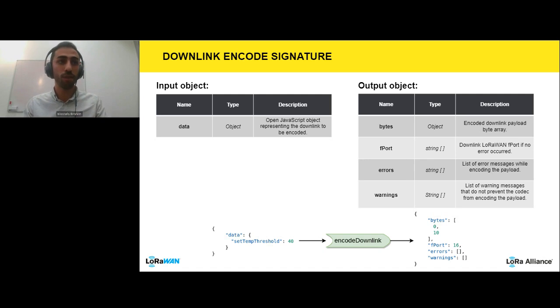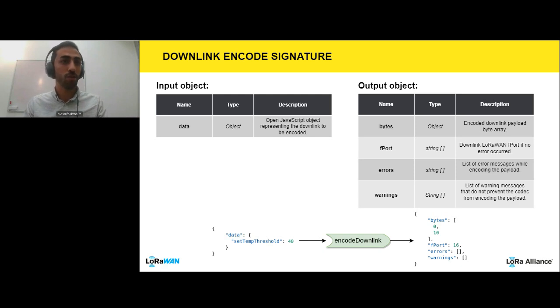As we have already mentioned in the decode uplink, if the decoder for some reason fails to encode some data, it will give a list of errors to the user, to the developer, to the application server. And the warnings are the list of alerts, list of errors that didn't prevent the codec from encoding the payload.